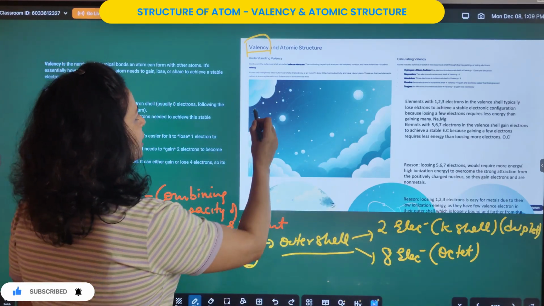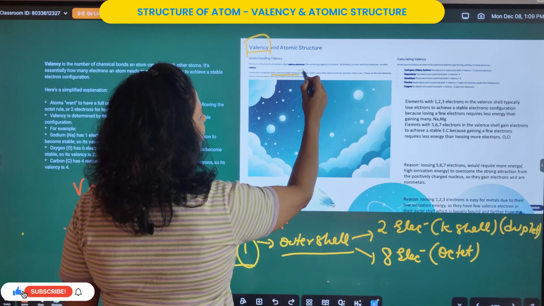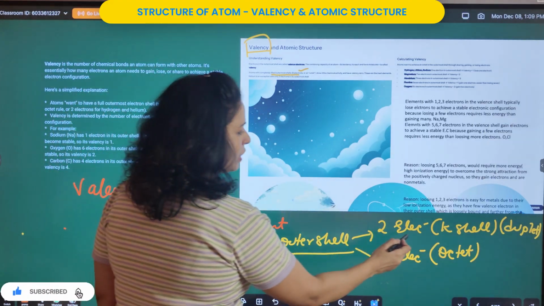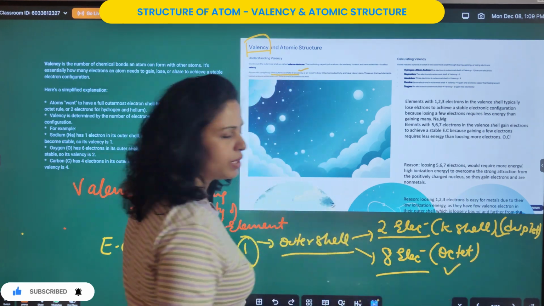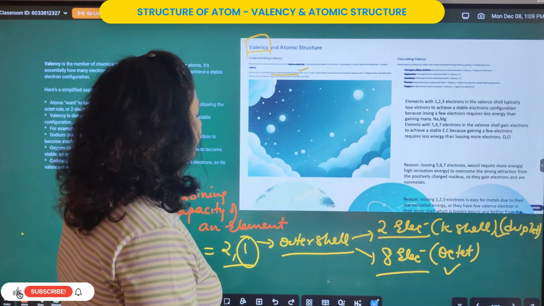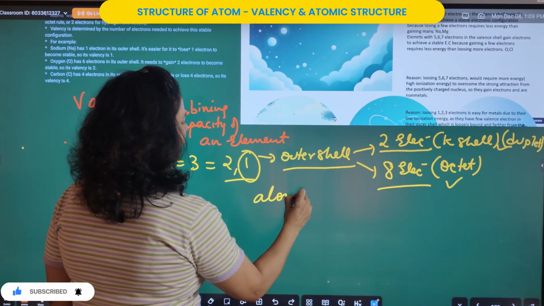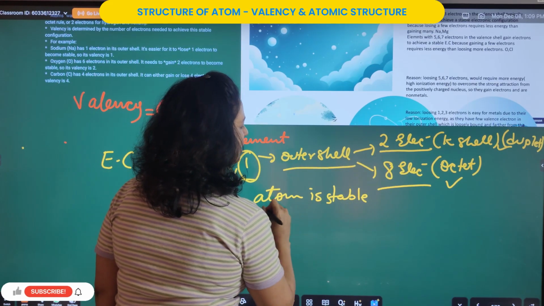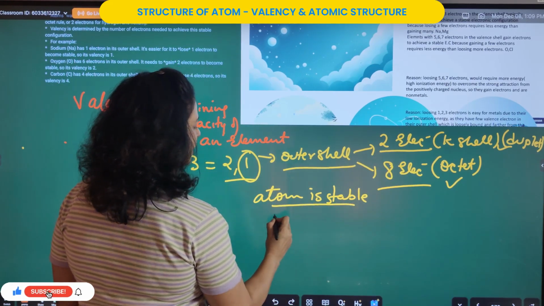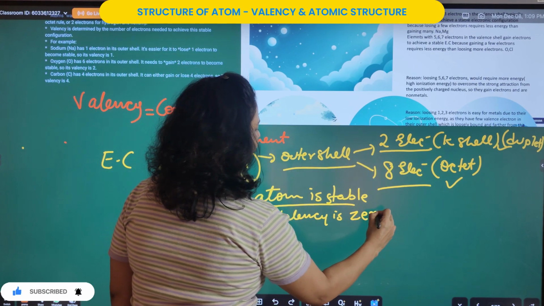So atoms with a completely filled outer shell, whether it is filled with 2 electrons, which we call a duplet, or with 8 electrons, which we call an octet, we say that the atom is stable. That means its valency is 0.